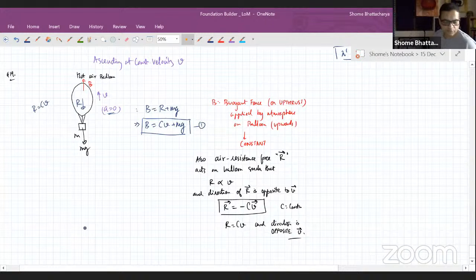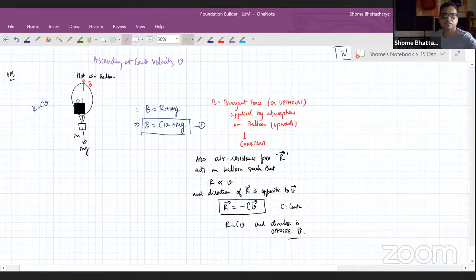And the second case, what we are doing is... oh sorry, in the first case actually we were descending with the velocity v, my mistake. So we need to make a correction here.